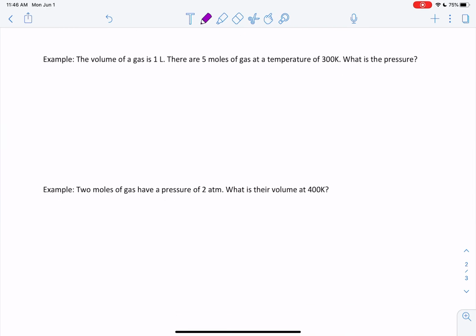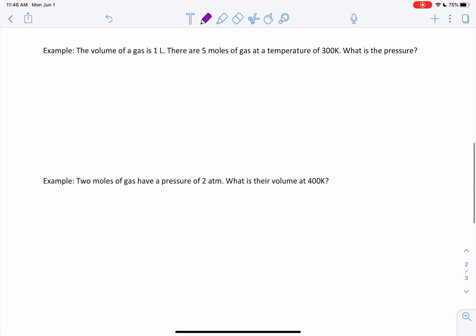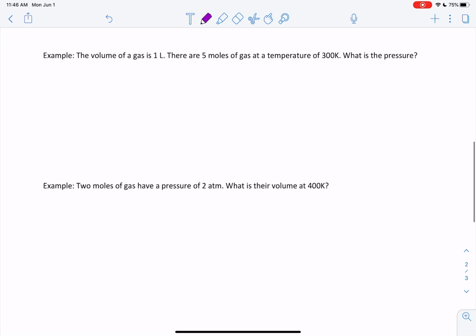All right, let's say the volume of a gas is 1 liter, there are 5 moles of gas, and the temperature is 300 Kelvin. What is the pressure? So this is our volume, this is our moles, this is our temperature, and we're looking for pressure. So let's put in our equation, PV equals nRT.